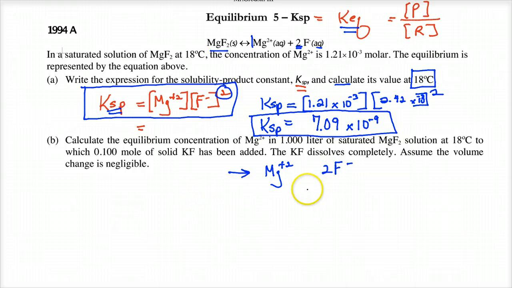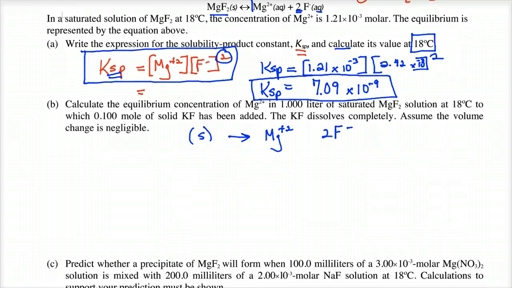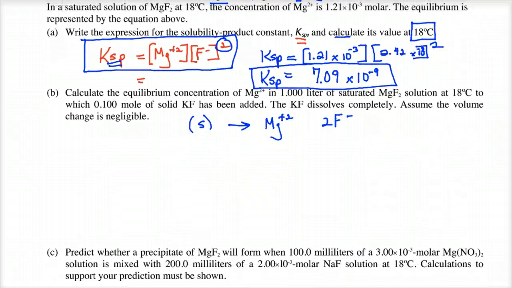So as we go from the solid, which I'm not going to write in here, to these, we know that this is going to be a plus x, and this is going to be a plus 2x. So if I know the value here, this would be twice as much. So you'll hear that designation. But let's look at this next problem. Okay? In this next problem, we're going to need an ICE table, an equilibrium problem here.